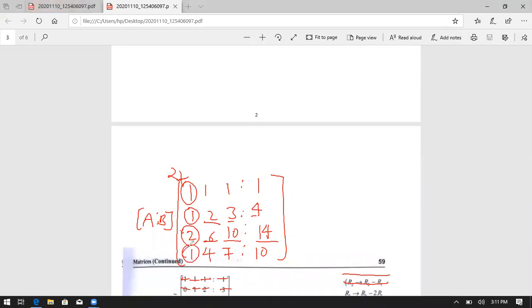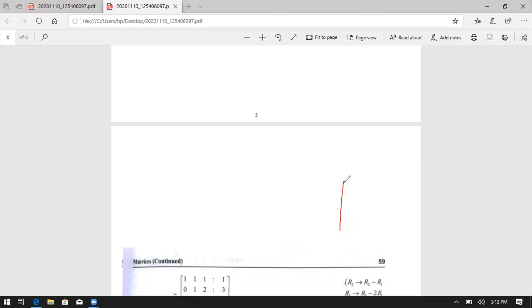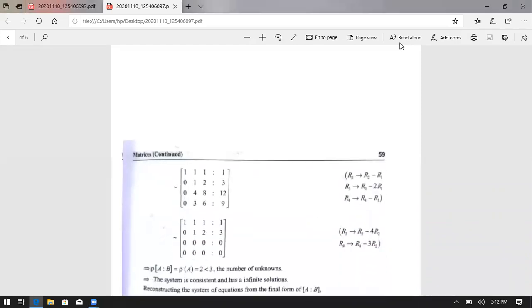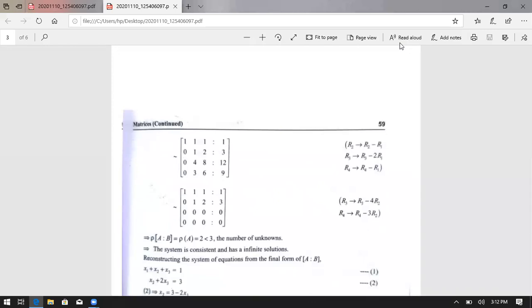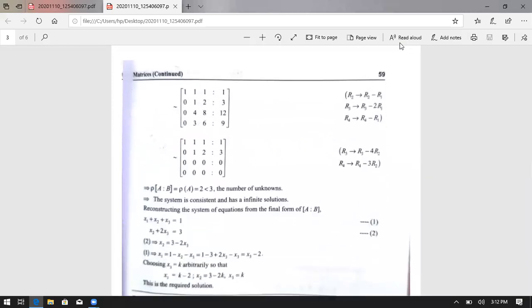R4 minus R1: 1 minus 1 is 0. Finally I write 0, then 3, 6, then 9. This is R4 minus R1, so you come here, that is 3, 6, and 9.